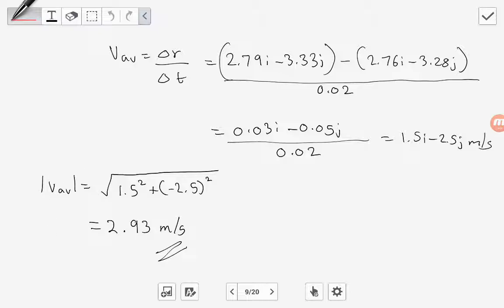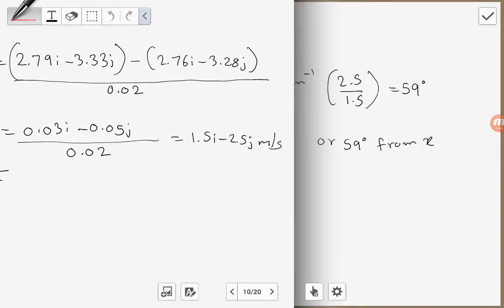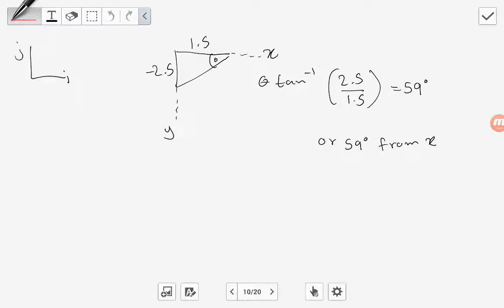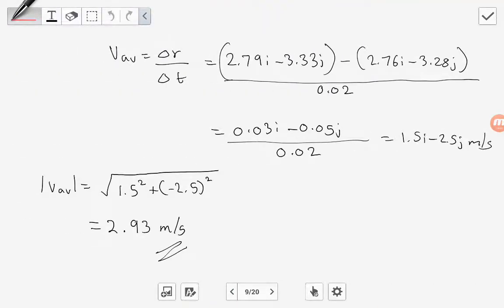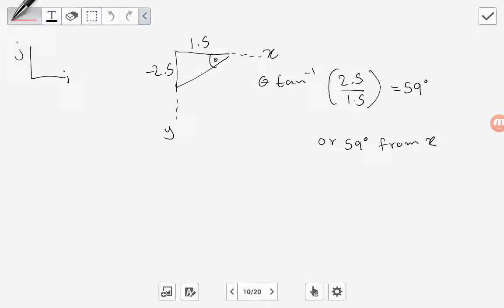And this symbol, I think it means finding the magnitude. And yeah, so that's the answer. And to find the angle, you already know it's 1.5 and negative 2.5: 1.5 in the x direction and negative 2.5 in the y direction. So you draw a triangle like that, and I think it asks to find the angle of the average velocity to the x-axis. So this is the x-axis, and find that angle. So that should be easy.